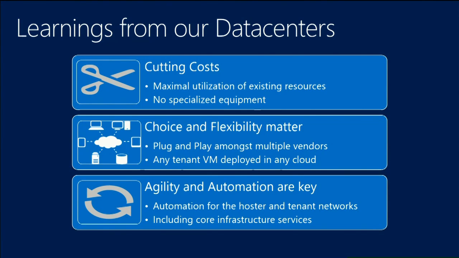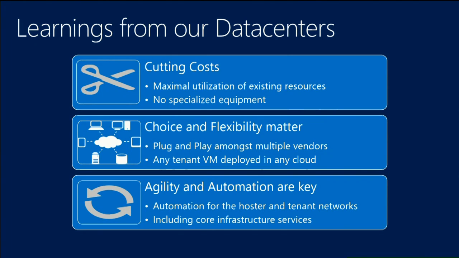And some, let's call it obvious in some cases, things came out. The first thing is that costs matter. Cutting costs is important. And the mechanism that these data centers use for cutting costs is not necessarily to buy bad equipment. It is more to maximize the return on investment on the investment that they have already made. So if I have a 16 core machine, I want to be sure that I'm using every single core on that machine.